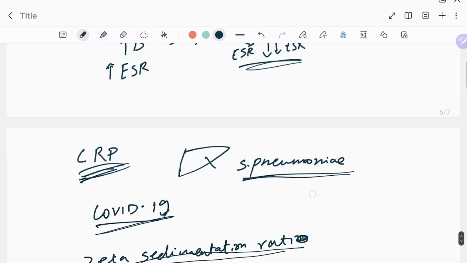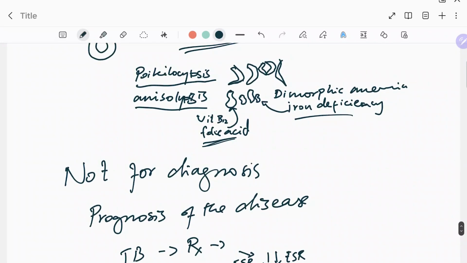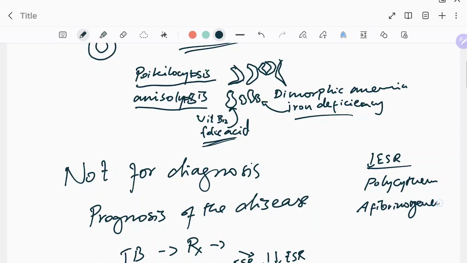Okay, any other interesting points? Your ESR can be decreased, like I said, in polycythemia, conditions where you have no fibrinogen, like afibrinogenemia, then sickle cell anemia, and spherocytosis.